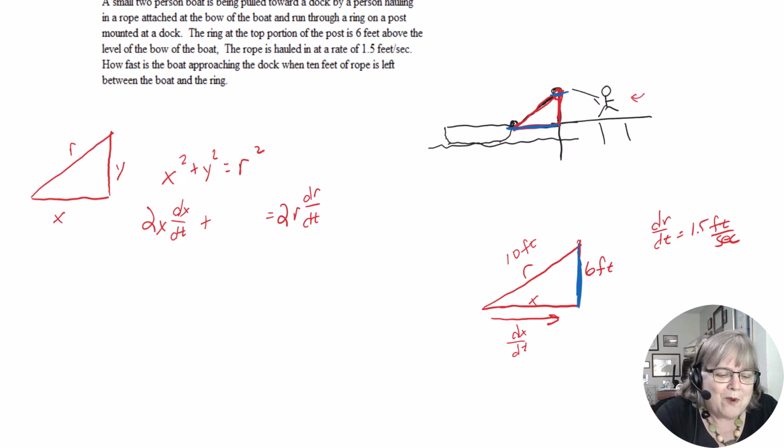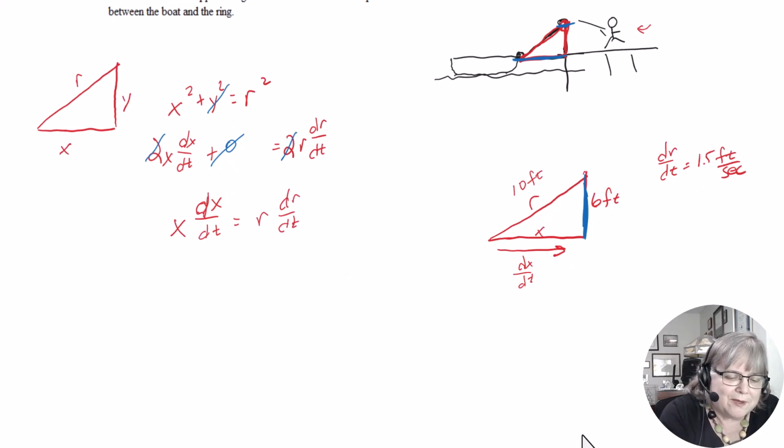So one way or the other, the derivative of this term is going to zero out, right? So what you have, and these 2's can cancel out, right? So what you're going to end up with is x dx/dt is equal to r dr/dt. So it's not so bad after all, right? Very common problem. I can't tell you how many books I've seen with one of these versions on there.